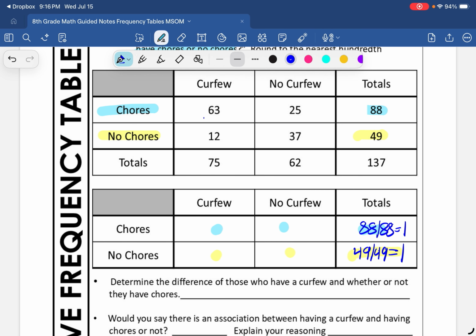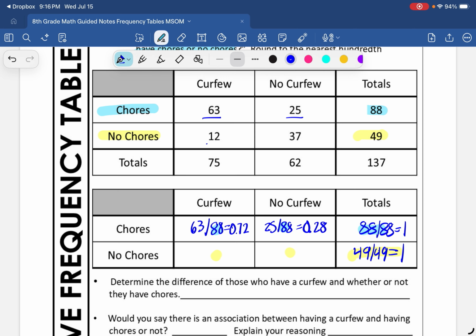Chores and curfew is 63 out of my total of that row, which is 88. So 63 divided by 88 is 0.72. Chores and no curfew is 25 out of my row total, which is 88. So 25 divided by 88 is 0.28.